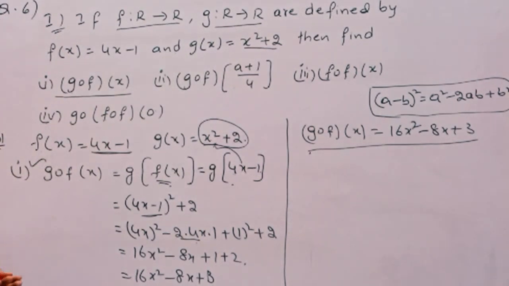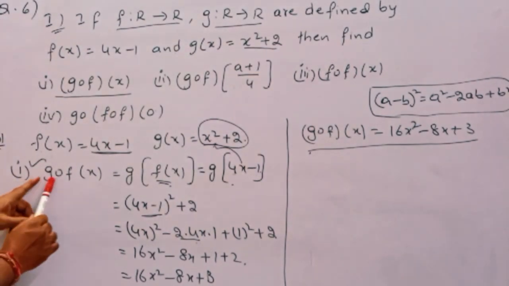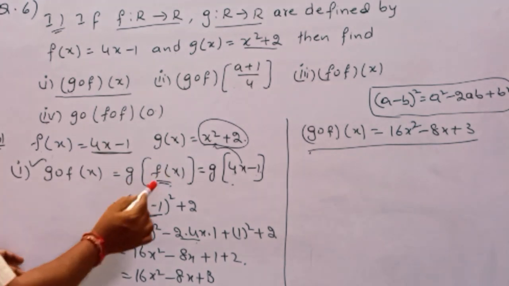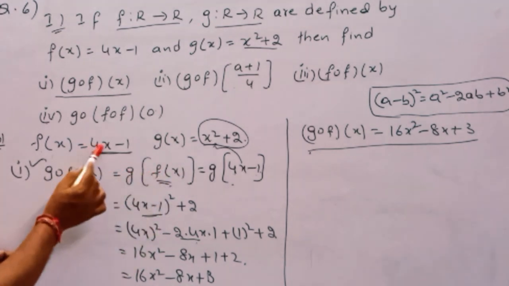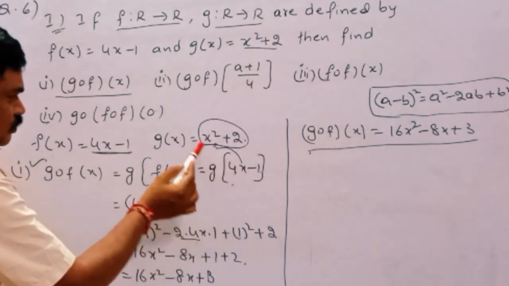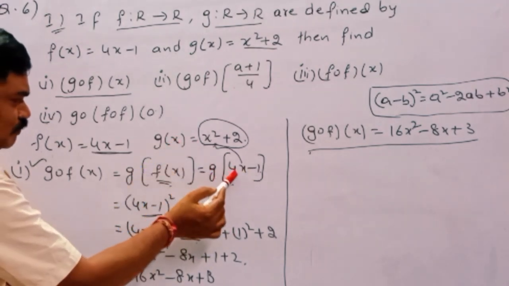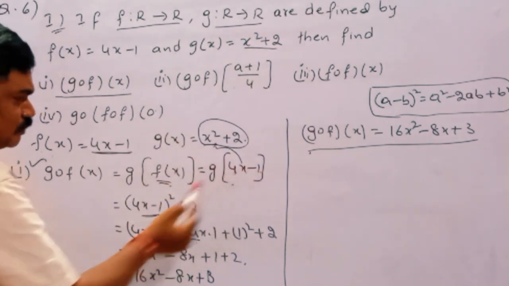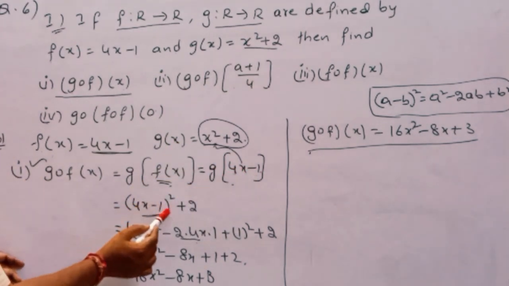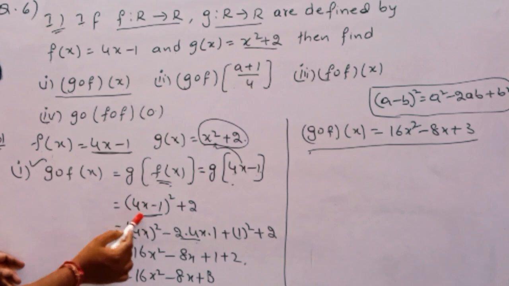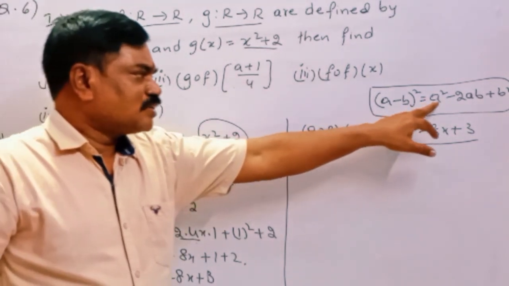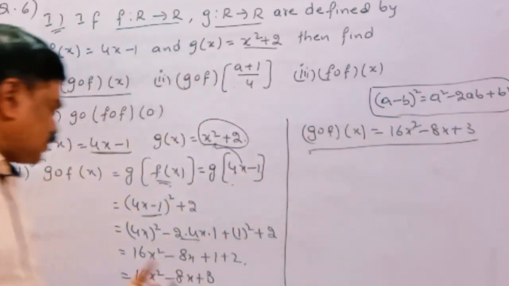Once again you see, all of you. g circle f of x is equal to g of f of x. But what is f of x? 4x minus 1. So you substitute g of 4x minus 1. Instead of x you substitute 4x minus 1. Then 4x minus 1 whole square plus 2. This is in the form of (a minus b) whole square, a square minus 2ab plus b square.